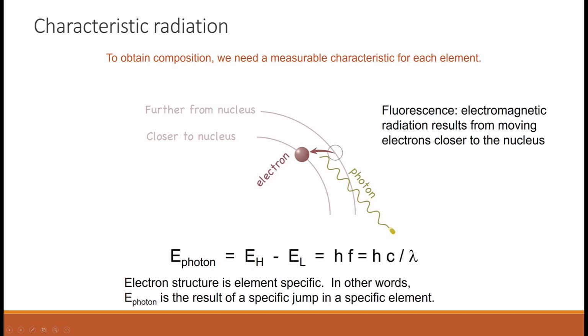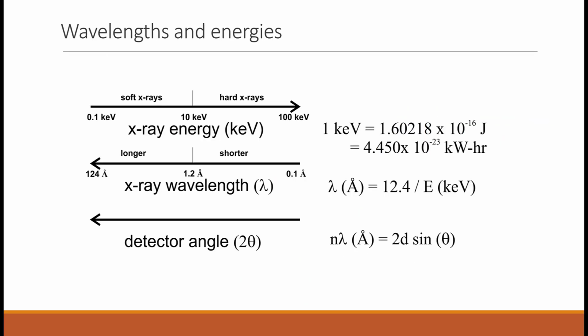This is fluorescence. Fluorescence is the ability to generate, or the process of generating, light, electromagnetic radiations from electron jumps. X-rays are special. They go under special names as a consequence of it. But again, these are arbitrary because electromagnetic radiation is a continuum. It's continuous.